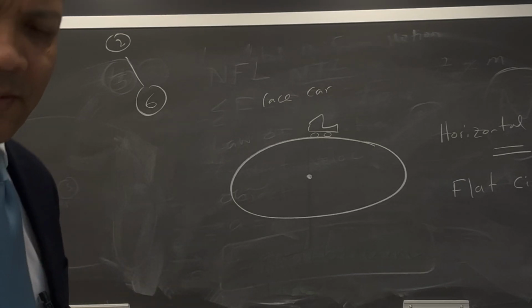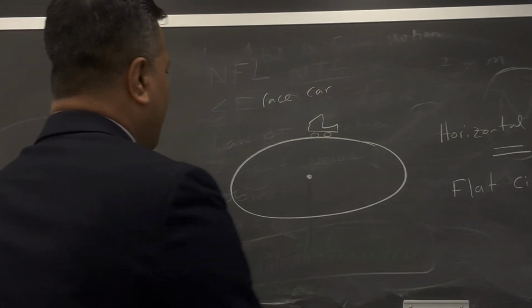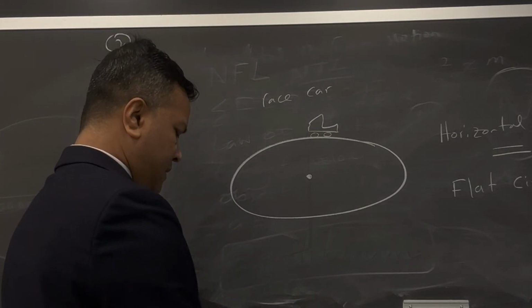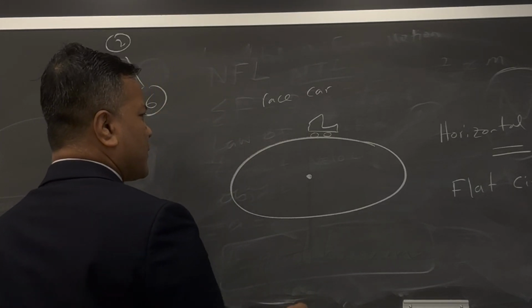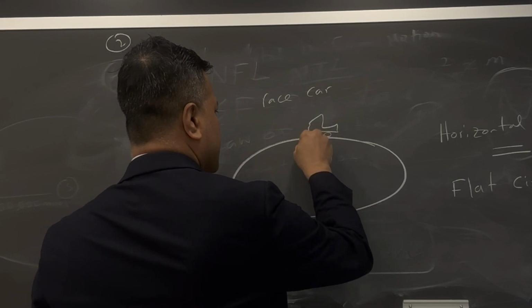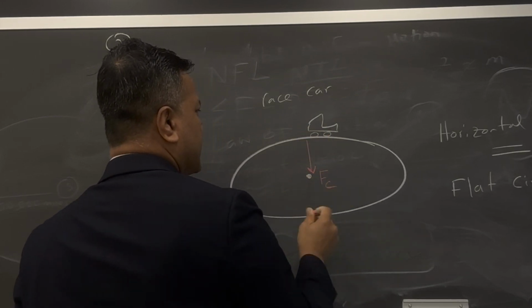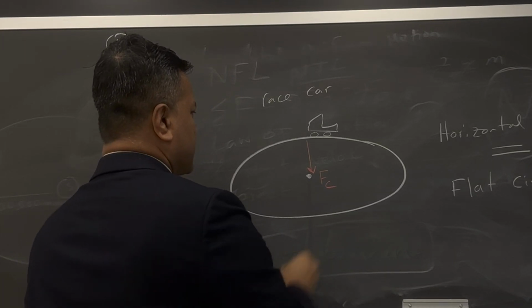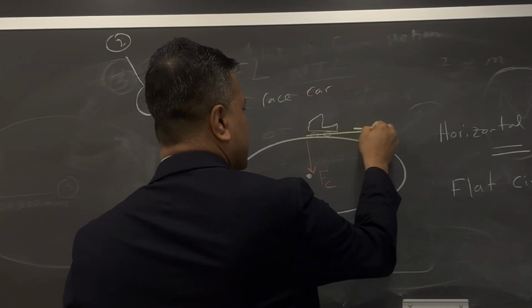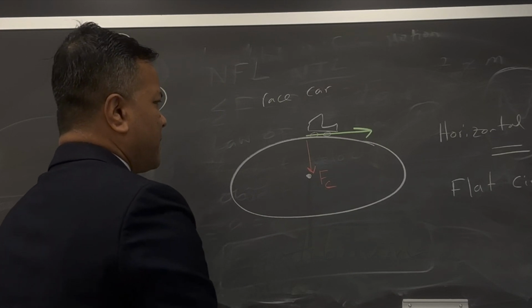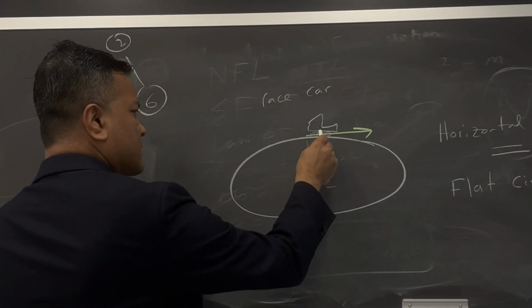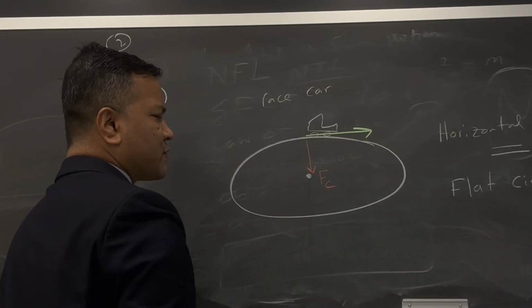Now let's draw a free body diagram showing two vectors. This is the force and this is the velocity vector. And remember, the velocity vector is normal with respect to the force vector.